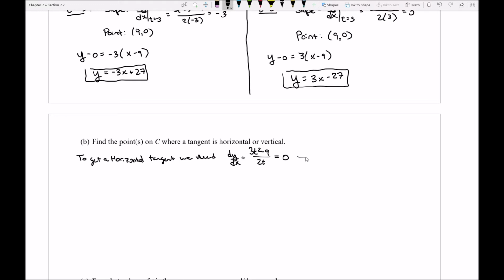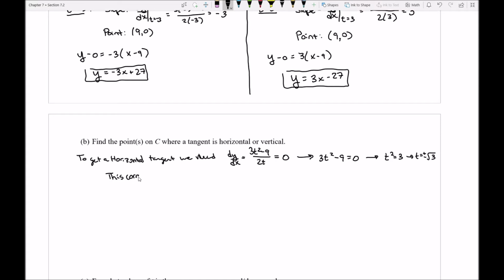That implies that 3t squared minus 9 would need to be equal to 0, and that implies t squared would have to be equal to 3, which gives me that t has to be equal to plus or minus root 3.